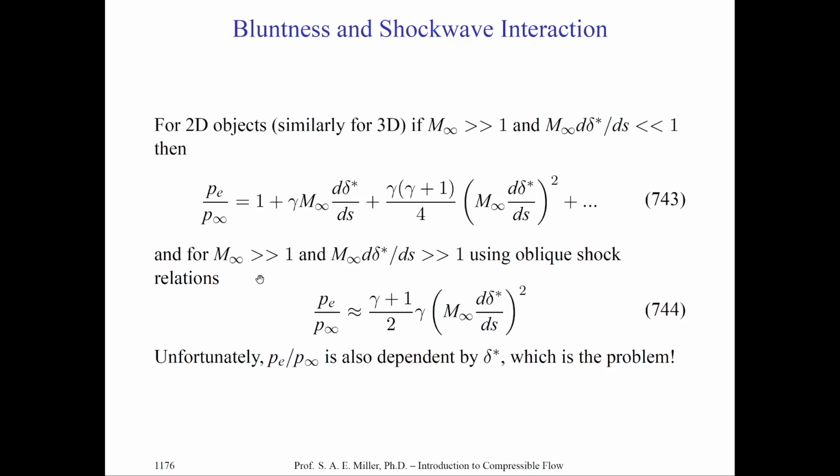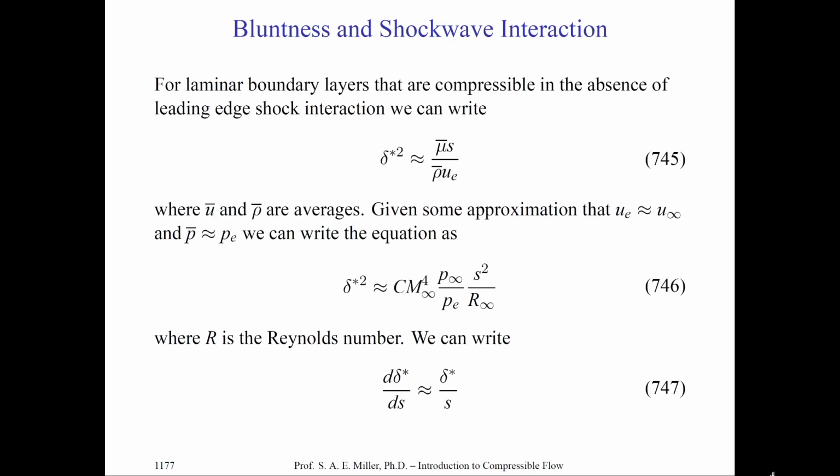You can see for very, very large Mach numbers, therefore, M d delta star/ds must be much larger than 1. And using the oblique shockwave relations, which we previously developed, we might write 7.44 by replacing the pressure ratio on the right-hand side with, of course, these terms here. Now, unfortunately, p_e over p infinity is also dependent on delta star, which is a whole problem in the analysis, and we can't go forward very easily.